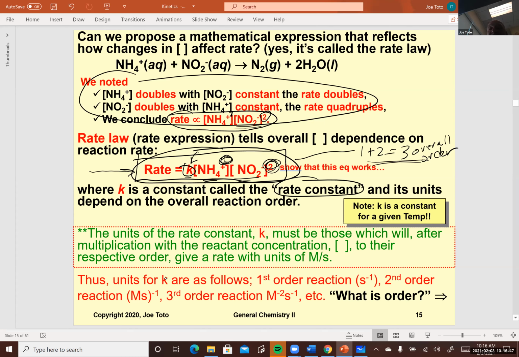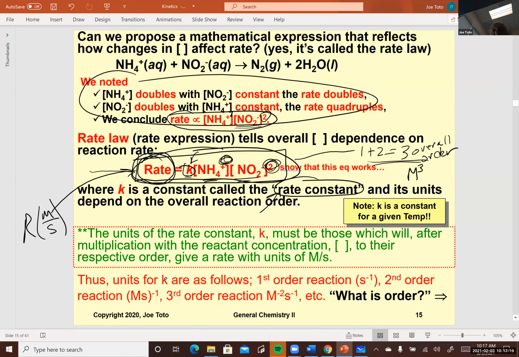After you multiply all the concentration dependencies, you're going to have a unit of molarity to the third. And so what they did was they said, well, the units of K in the rate law are going to change so that the rate in the rate law always comes out with units of molarity per second.